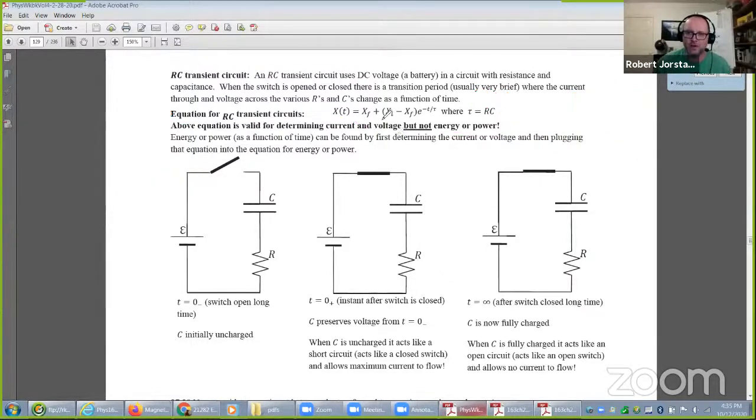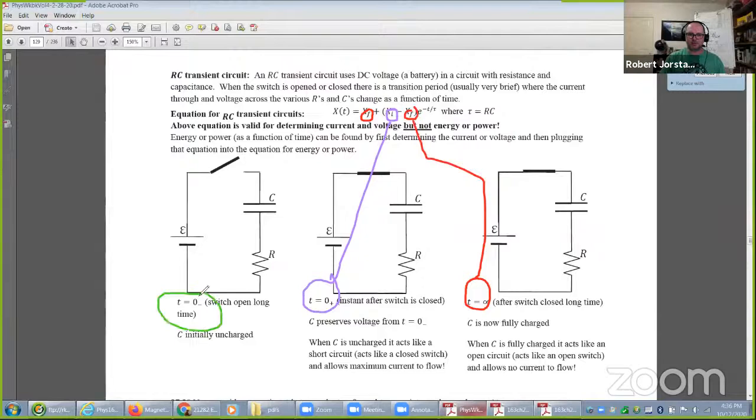Now, in this equation, notice that the finals are going to come from the t equals infinity picture, whereas the initial is going to come from the t equals 0 plus picture, which begs the question, why do you even bother with the t equals 0 minus picture?